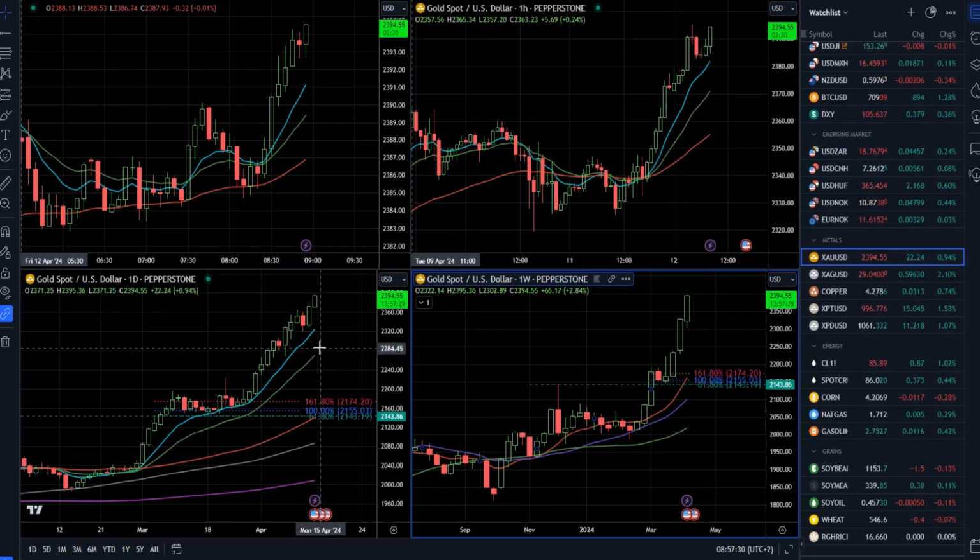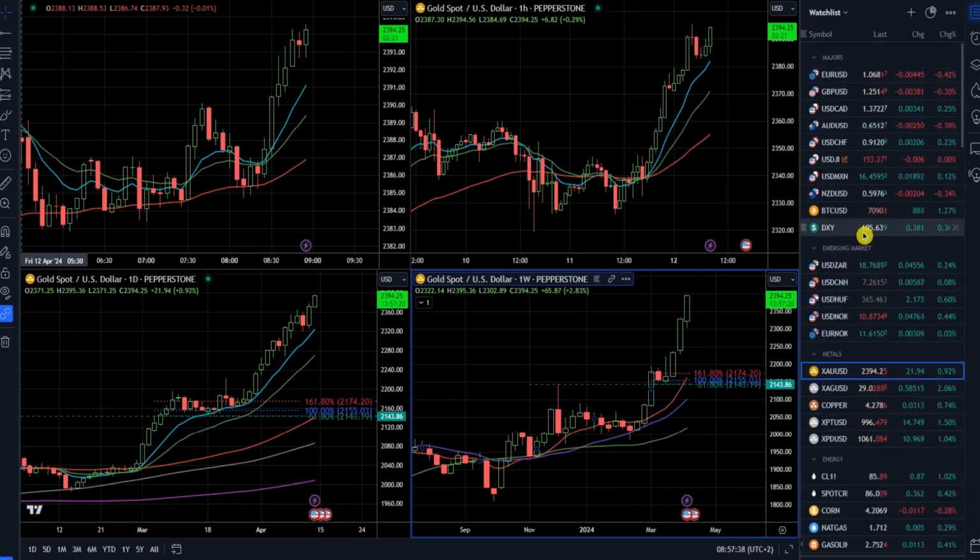On the gold market, we can see gold definitely is a relative strength leader, and there is a lot of demand for the gold, despite the fact that dollar index is on the rise and we have a strong upside momentum. Gold actually didn't have any major downside move, so this is just big relative strength on the gold market.